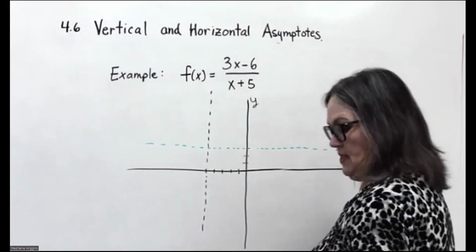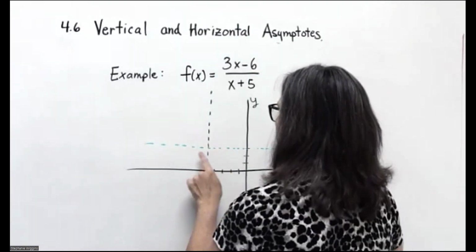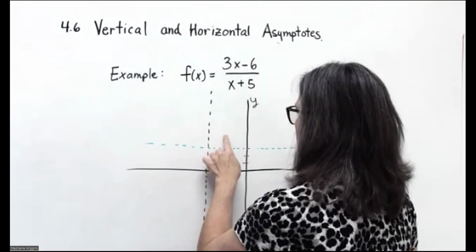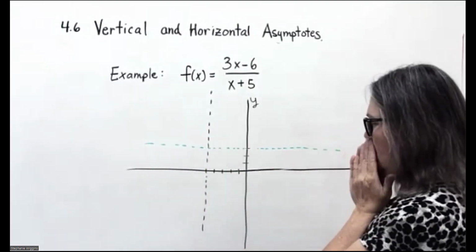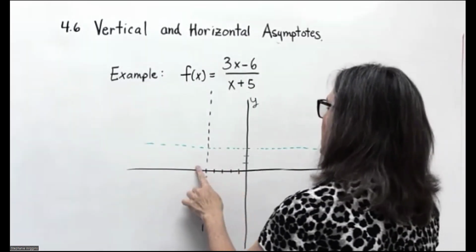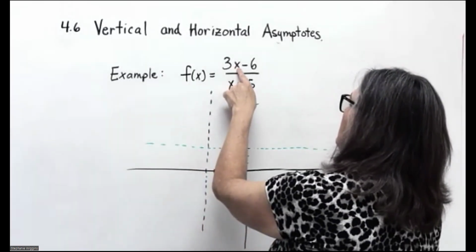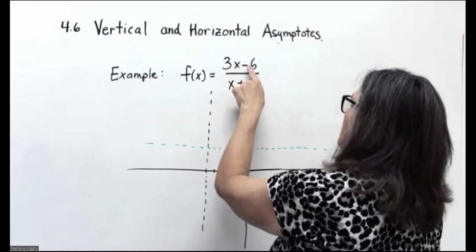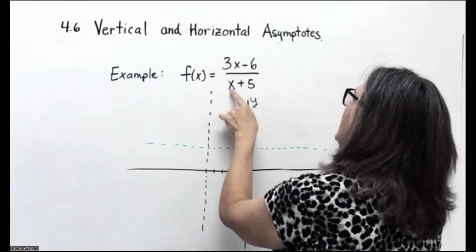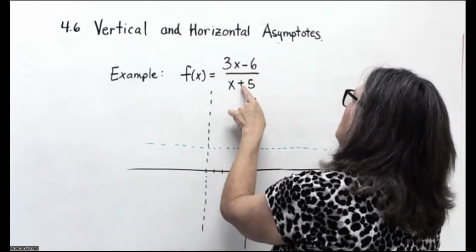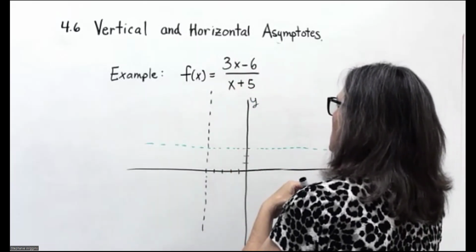All right, so what does this look like? Well, let's figure out where the function is going to be in these quadrants that I've divided up by the vertical and horizontal asymptote. So let's pick -6. If I plug -6 in here, I'm going to get -18 minus 6, that's going to be -24. And then -6 plus 5 is going to be -1, so it's going to be 24.